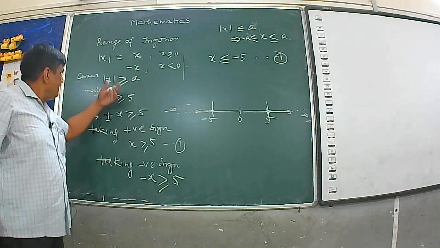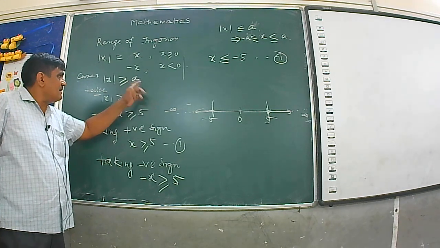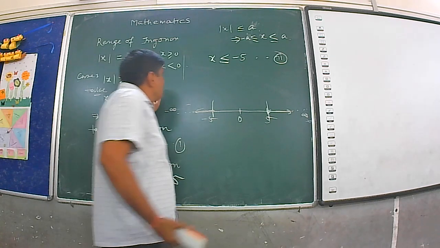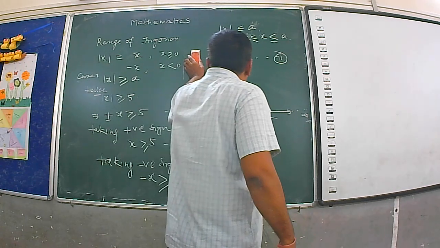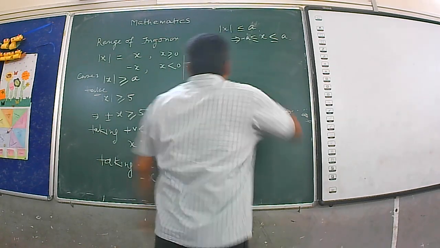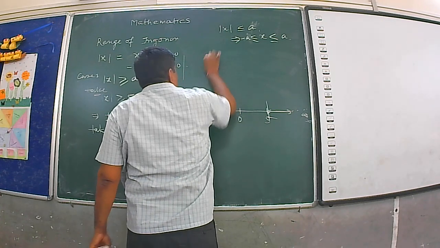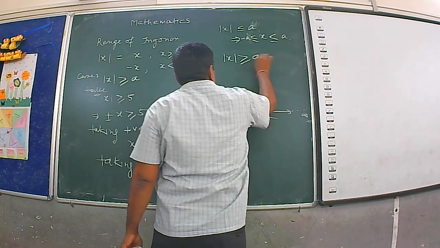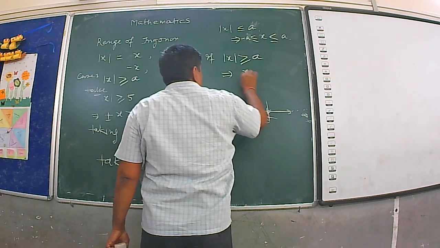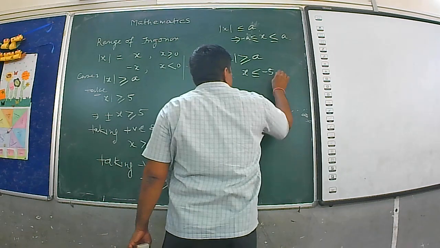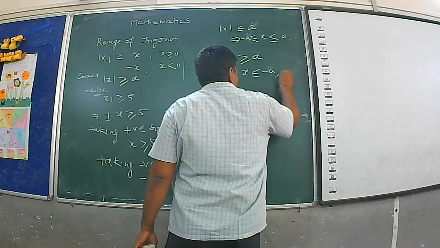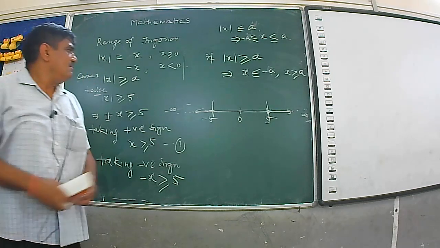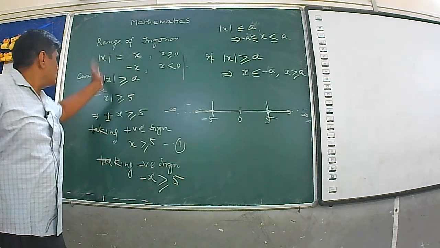In general, if mod x is greater than or equal to a, then from the discussion we see that there are two conditions.